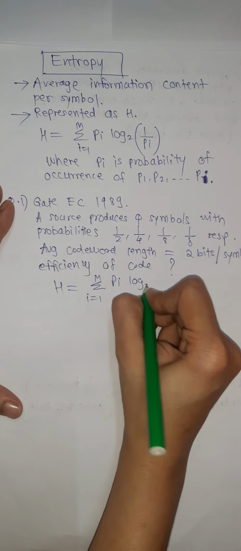To find entropy, H of x is equal to summation i equals 1 to 3 of pi log 1 upon pi. So now put the values of probabilities: 0.25 log 1 upon 0.25 plus 0.25 log 1 upon 0.25 plus 0.5 log 1 upon 0.5. 1 upon 0.25 is 4.